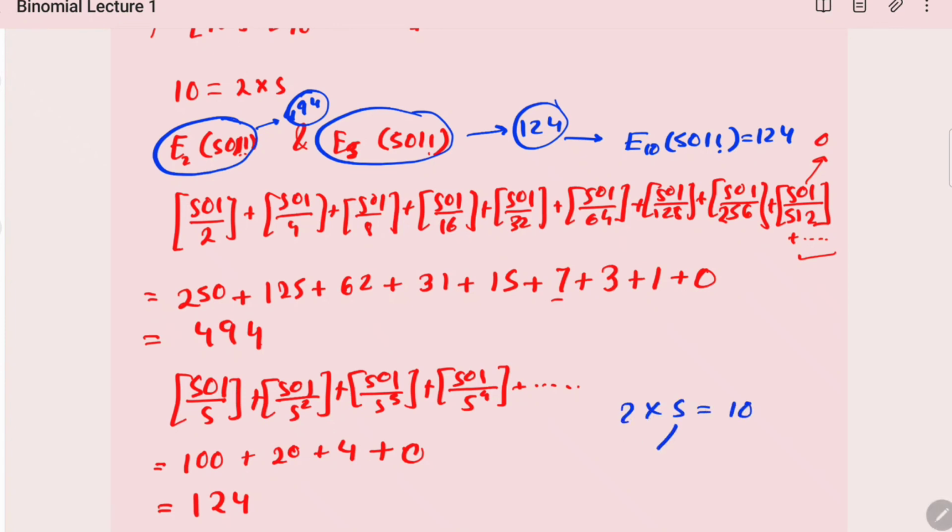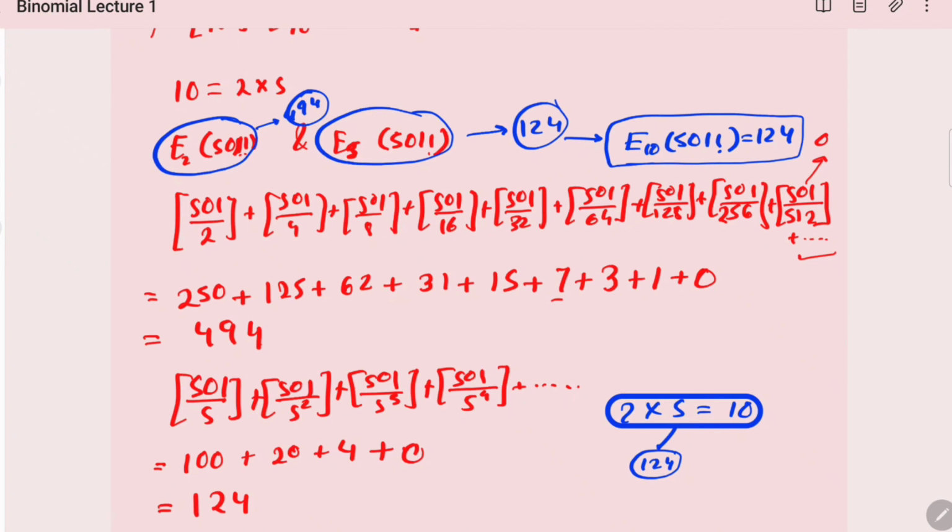So if there are only 124 5s, then only 124 10s could be made. It is like the limiting reagent concept in chemistry. This is one of the very few times where mathematics is taking an example from chemistry. Anyway, so this is the exponent of 10 in 501 factorial. It is 124.